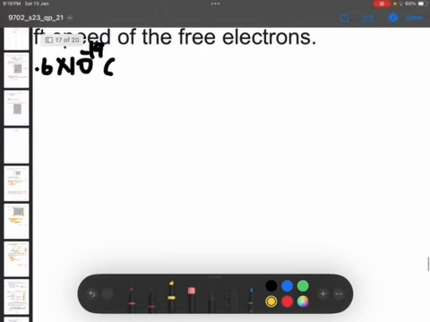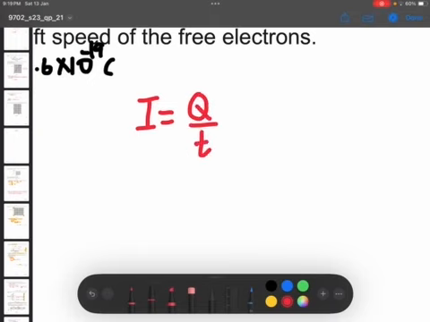So, knowing how to look for current, current I is equal to Q over t. If current I is equal to Q over t, it means that we can find the current using what we are given here.